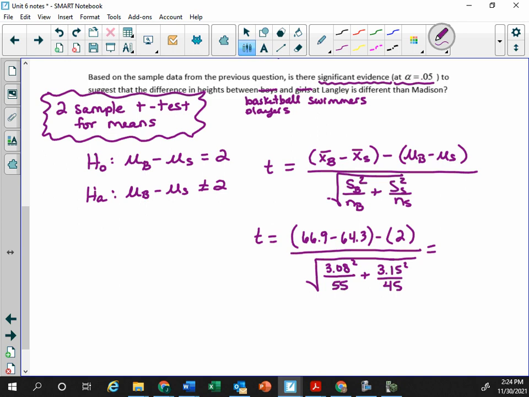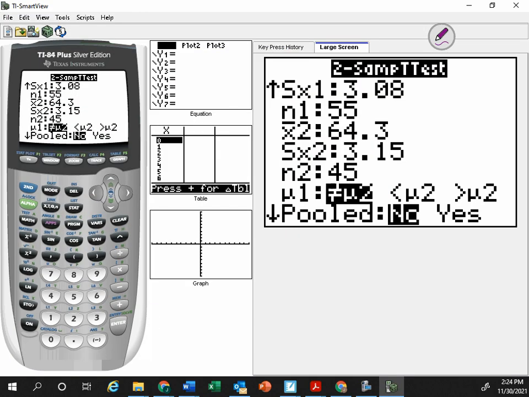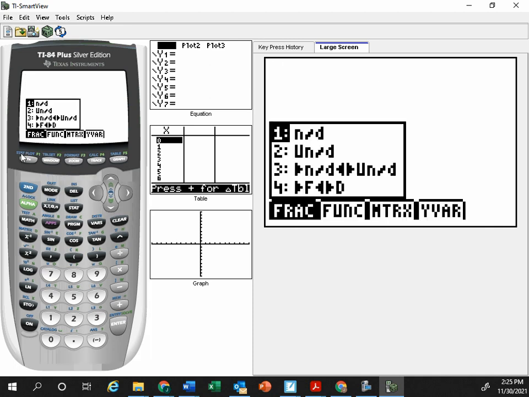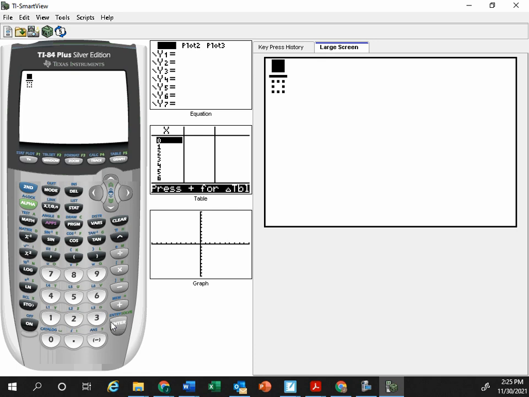Okay. I'll show you that. It's a handy one. So if you ever need a fraction, just do alpha y equals, and the first thing that pops up is your fraction. And then put another fraction in there.